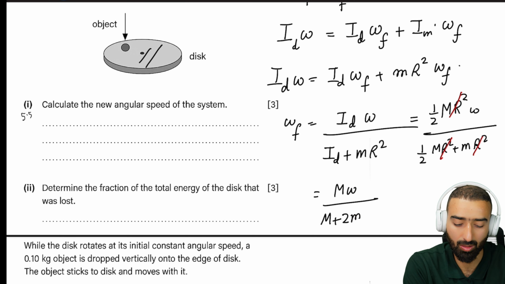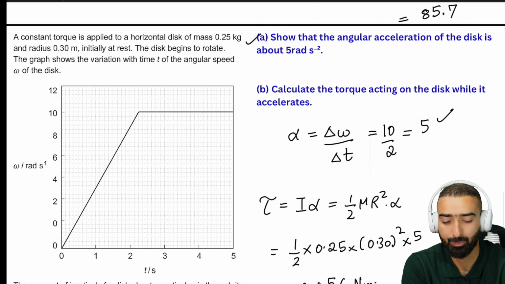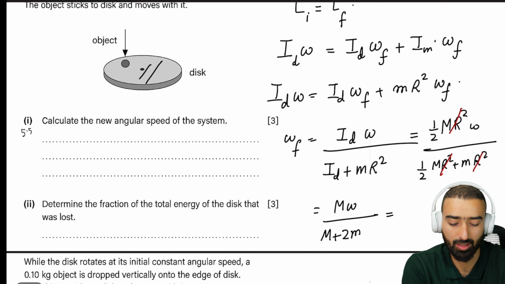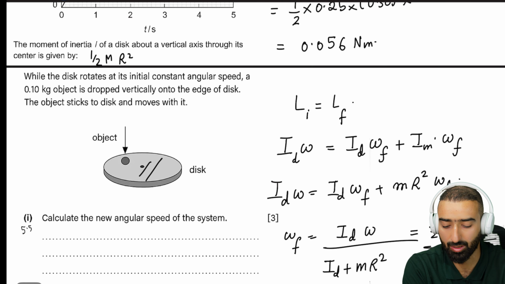So let's plug in all those values. Mass of the disk is 0.25, its radius is 0.30. So mass of the disk is 0.25 divided by 0.25 plus 2 times mass of the object that falls on the disk, which is 0.10.